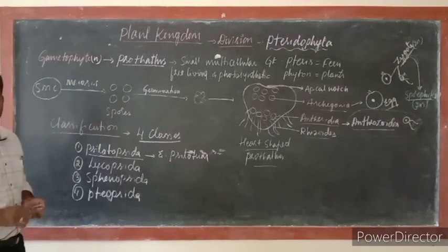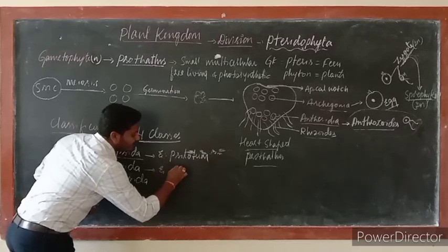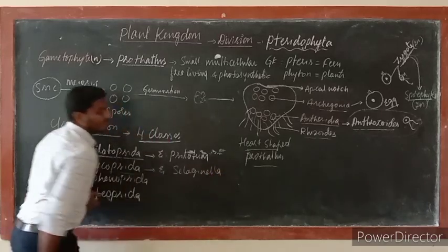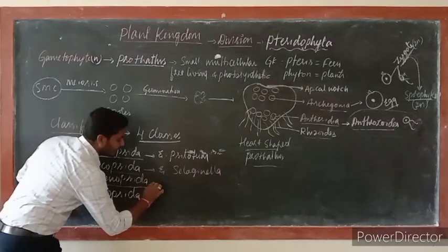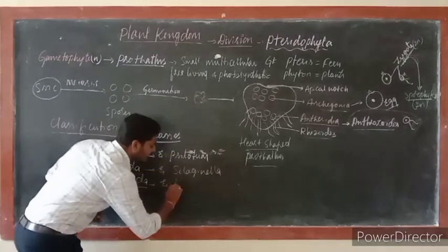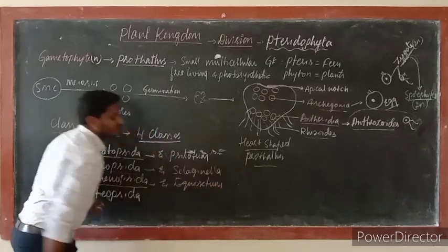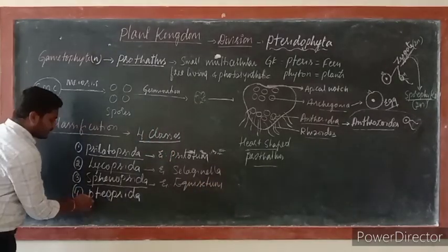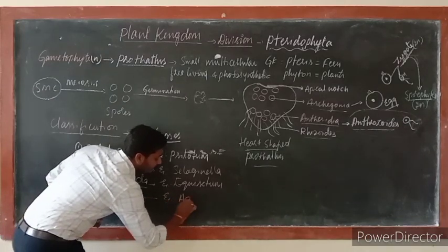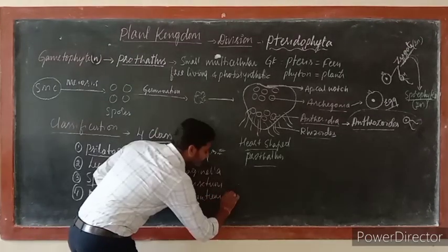Example for Lycopsida is Selaginella. Example for Sphenopsida is the horse tail, Equisetum. Example for Pteropsida is Adiantum, and also Pteris.